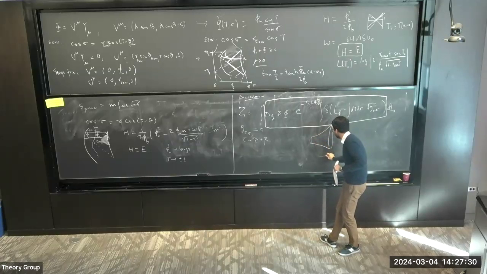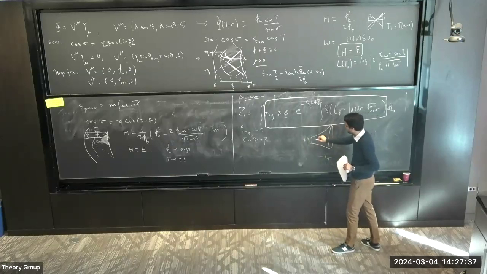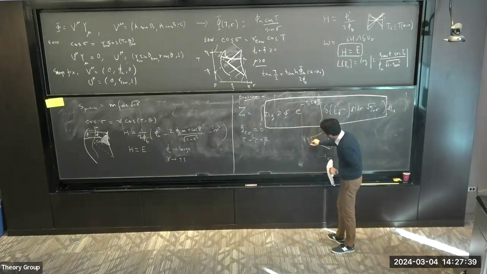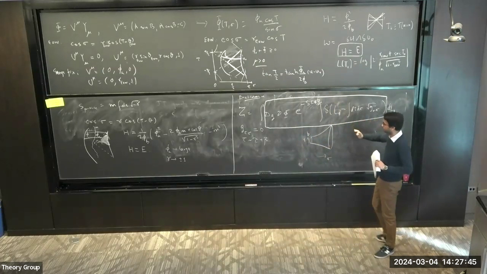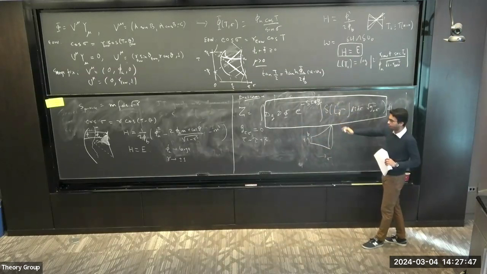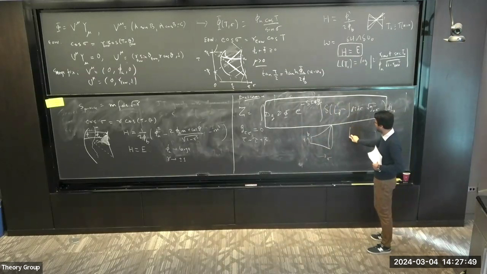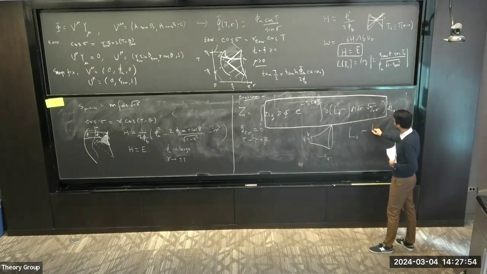So this is the sigma direction, this is the tau direction, and the length of the interior circle is, let's say, b. This is a parameter related to this length. In fact, when b is small, the length of the initial slice is essentially log of 1/b.